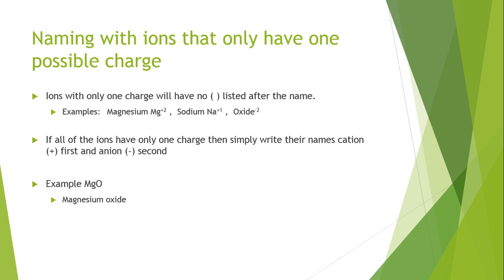So, for example, if we had sodium oxide, the name would still be sodium oxide, but we would know from the name and the charges that sodium has a +1 and oxide has a -2, that we would need 2 of the sodium and 1 oxide to make it balanced.